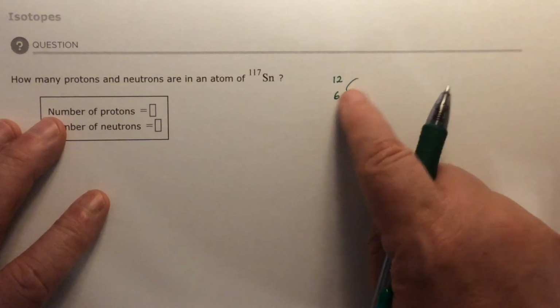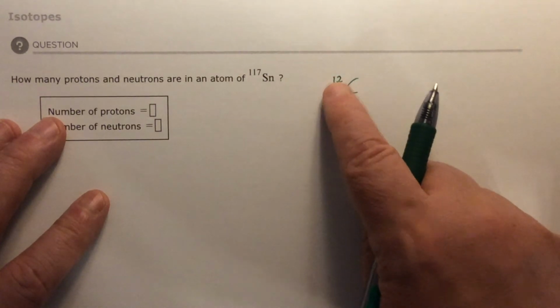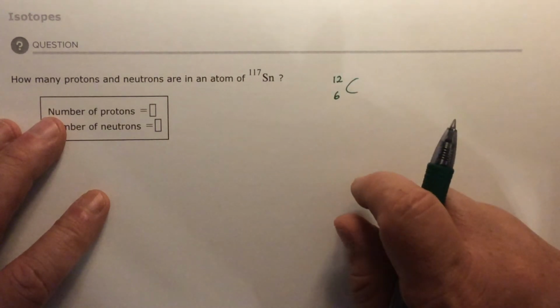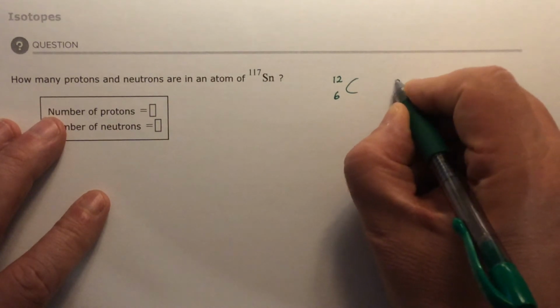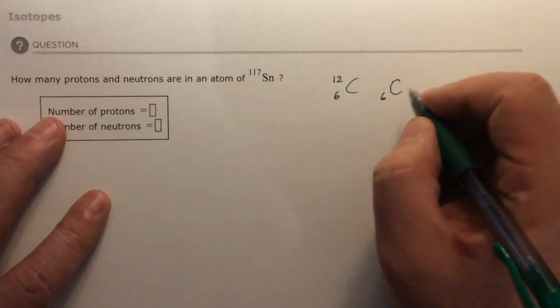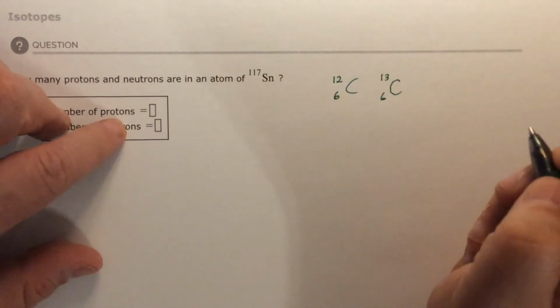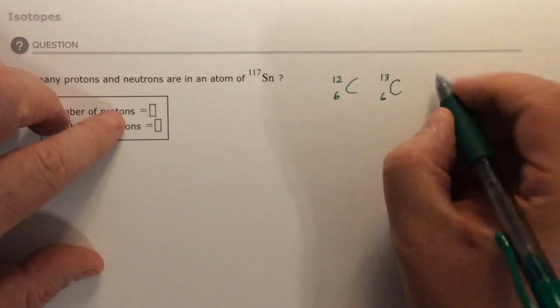All carbon is 6 protons, and then this 12 includes these 6 protons plus 6 neutrons. Another isotope of carbon is going to be carbon with 6, but not 12, it'll be 13. So instead of 6 neutrons, there would be 7 neutrons.